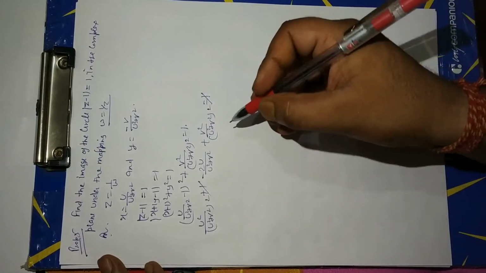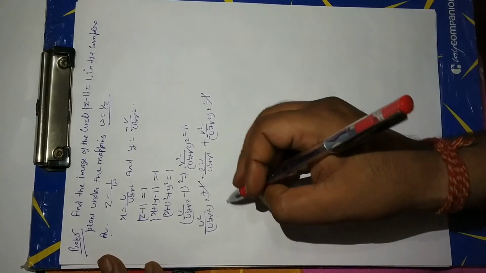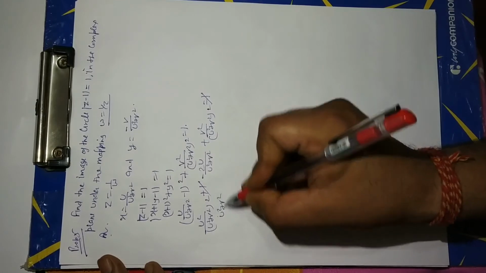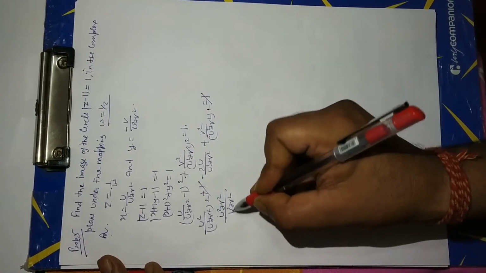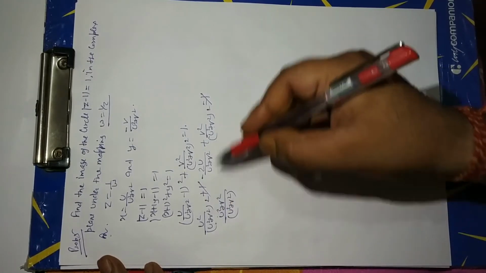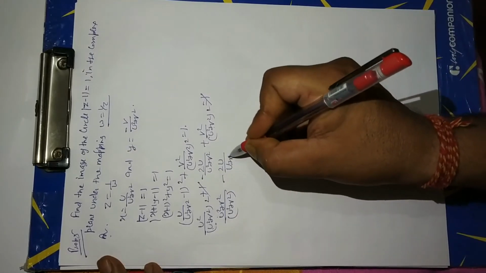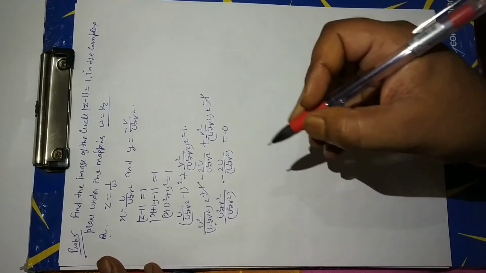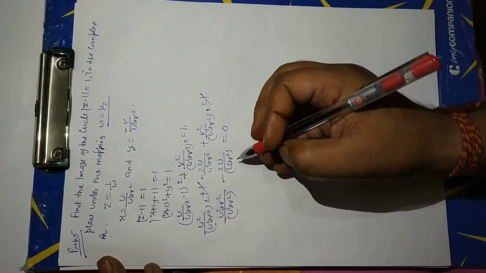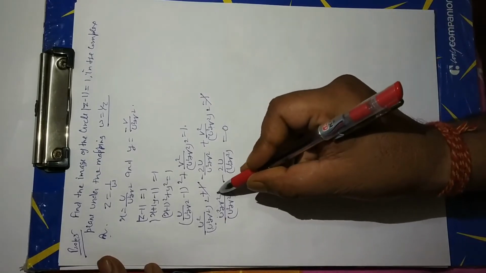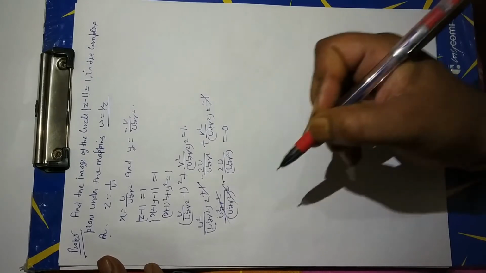Now 1 cancels with this. Now we get (u² + v²)/(u² + v²)². Combining the first and third terms, we get 1/(u² + v²) − 2u/(u² + v²) = 0. The first term's square is cancelled.